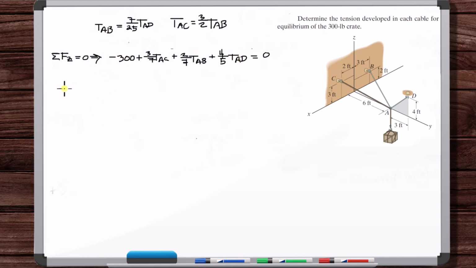So we've got minus 300 plus 3/7 times TAC, okay, plus, all right, now TAD is 25/7 TAB.